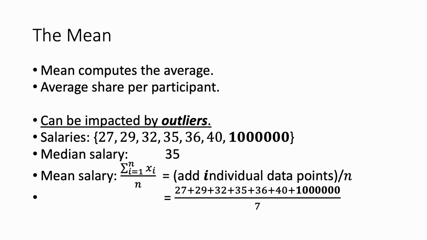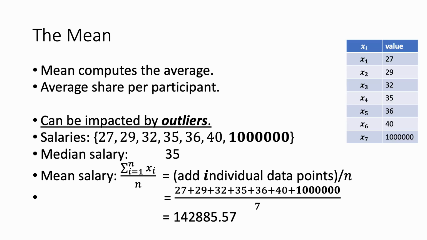And once we do that, the average jumps to £142,885 and 57 pence. Now, this huge difference shows how sensitive the mean is to extreme values, unlike the median, which reflects perhaps the situation with most of the people.